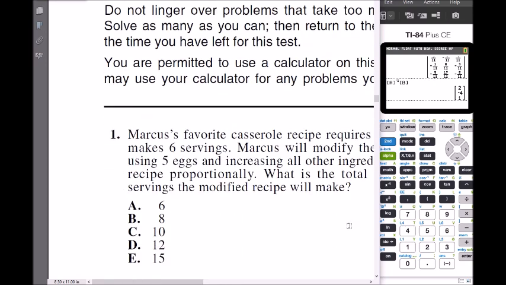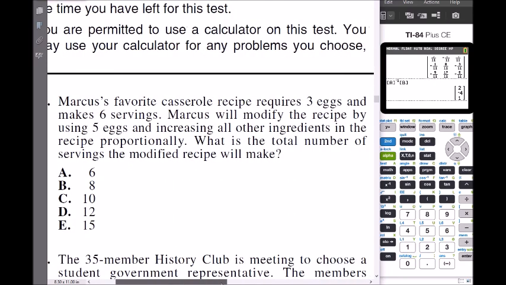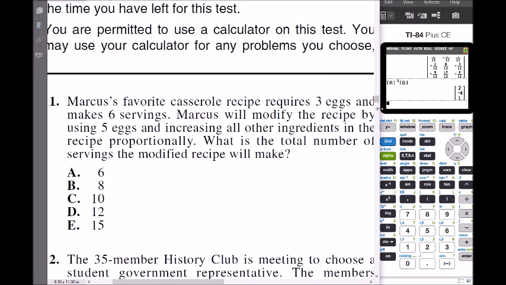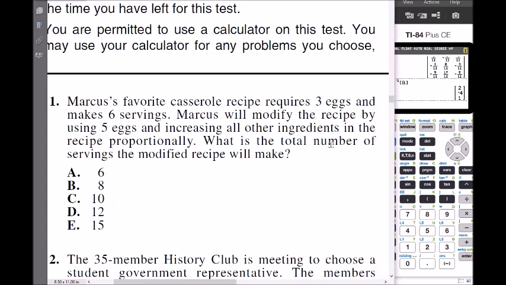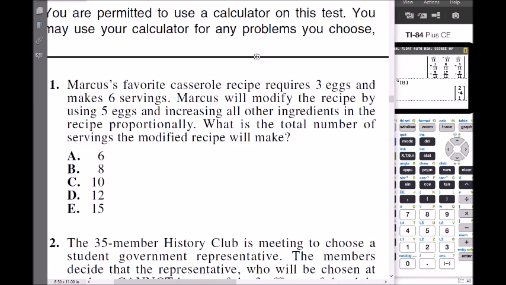Okay, so let's start from number 1. Marco's favorite casserole recipe requires 3 eggs and makes 6 servings.